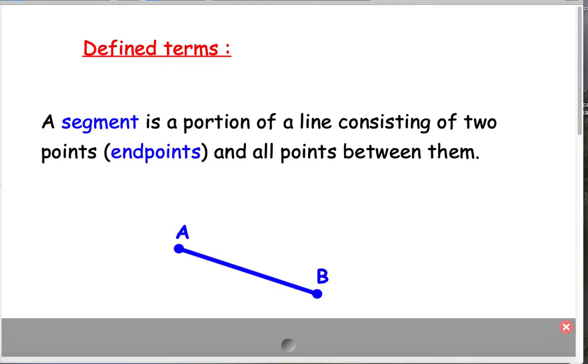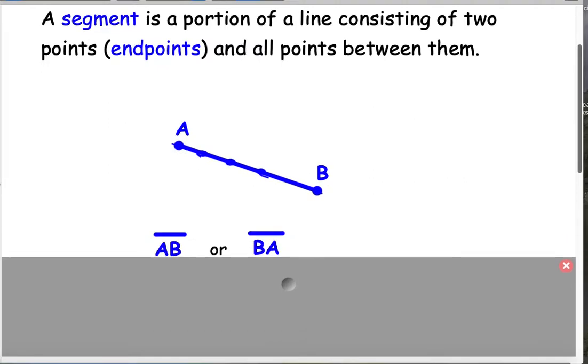You can think of it as, well, there was a line here, and it kept going forever and ever and ever, and there's a whole bunch of points on this line everywhere. Points, points, points, infinite number of points. And so what we're doing is we're taking only a section of that line, and we're stopping at a point there, and we're stopping at a point there. And so that's a segment. So A and B are the end points of that segment.